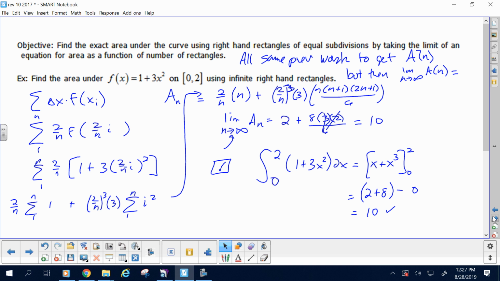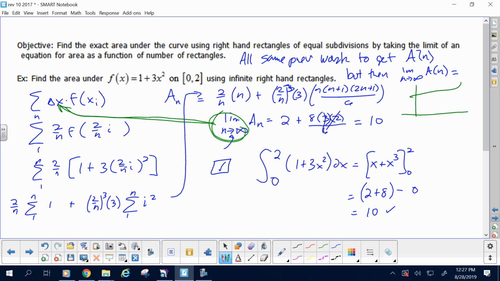So where do you think this comes from? What do you think infinitely many delta x's is? Don't you agree that when you do this over and over, delta x gets smaller and smaller? And what do you call an infinitely small delta x? Yeah, you call it dx.